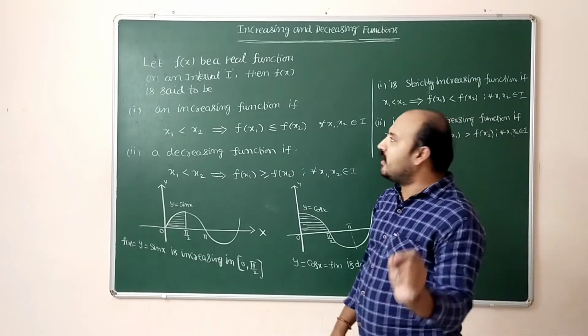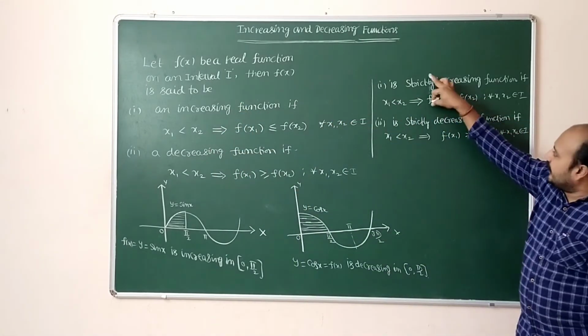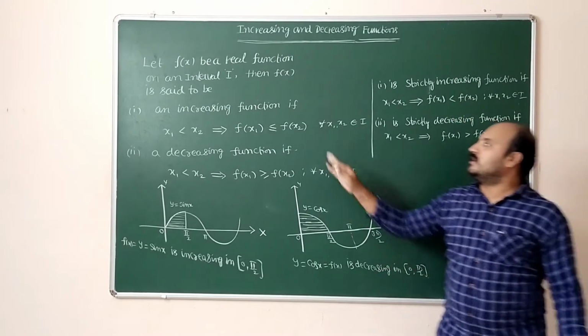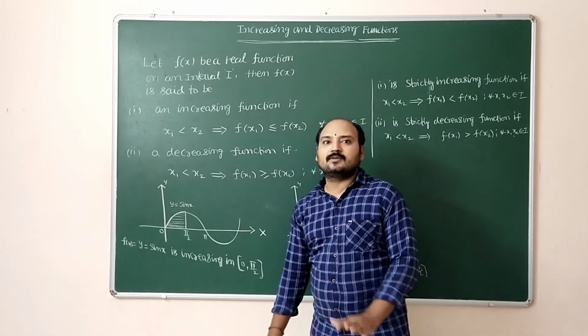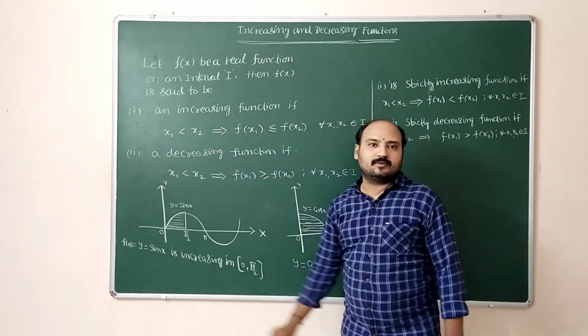If they ask to define a strictly increasing function, you have to write this one. You have to write this one for strictly decreasing. Don't write these definitions if they ask to define the function as an increasing function or decreasing function; for that, you have to write the first two.